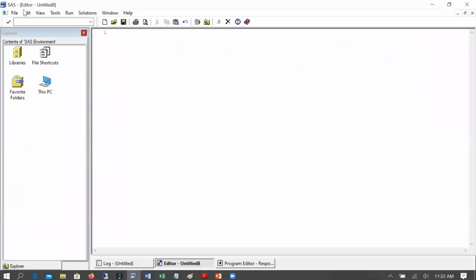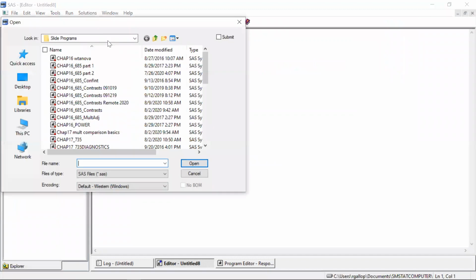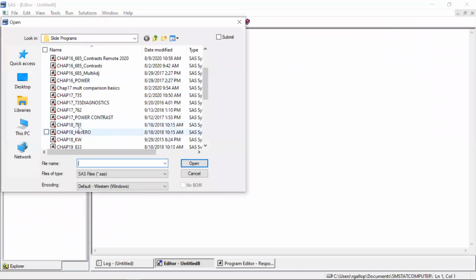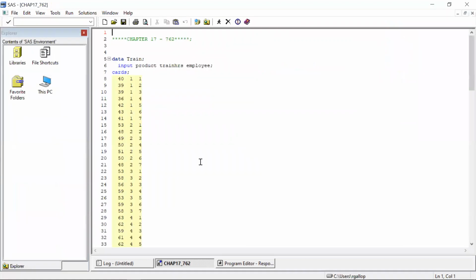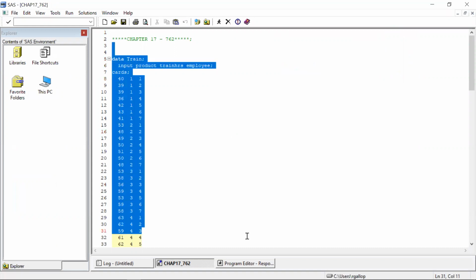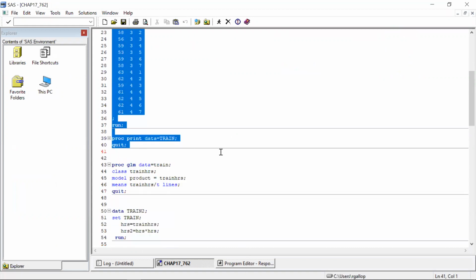Let me go ahead and load up this data. I know this video is going a little longer compared to the other ones, but let me just lay out this data real quick. In this case, we're going through training hours. We have a series of employees, and we're looking at a product efficiency score. So here comes the training.